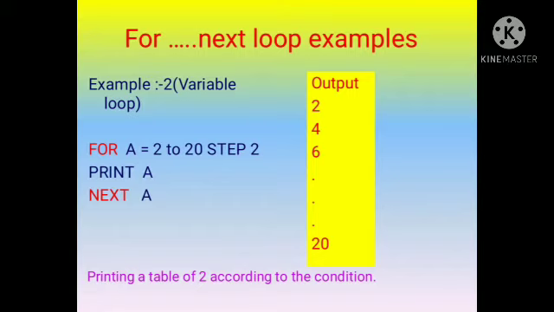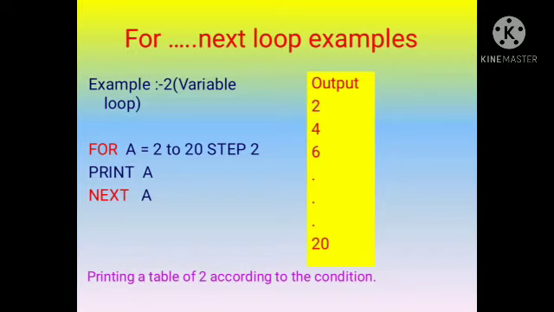If it is in between 2 and 20, then again that 2 will be increased by 2, then it becomes 4 and it will get printed. Then again the value gets increased and it will get checked, is it in between 2 and 20, then again that 4 will be increased by 2 and 6 will get printed.